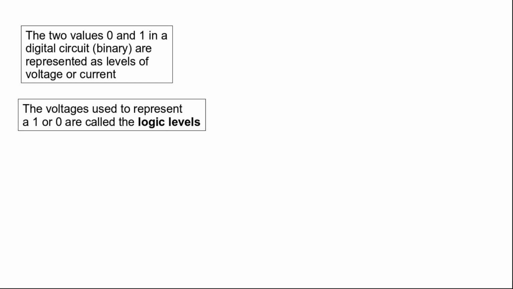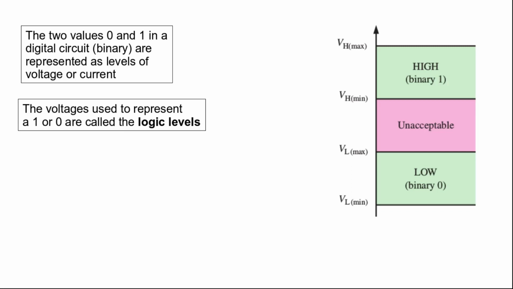Now to make it clear using a diagram, here we have the possible voltages between a low voltage and a max voltage. Between a min and a max voltage, I can have an infinite number of voltages. So what is done actually is a particular range of voltage is used to represent 0, and another range of voltage is used to represent 1, and anything in between is not acceptable.